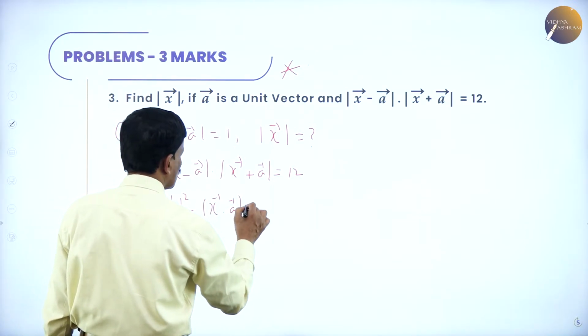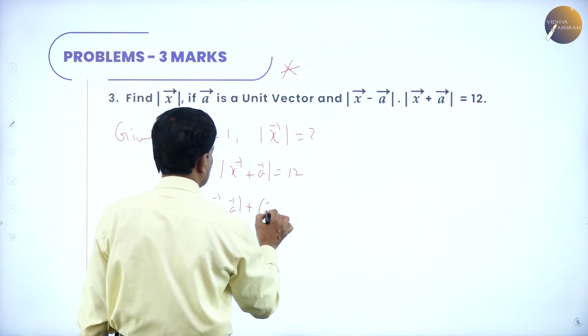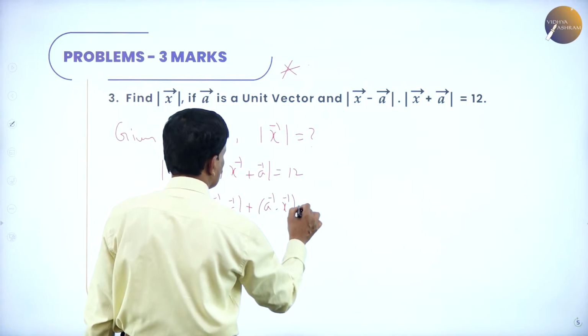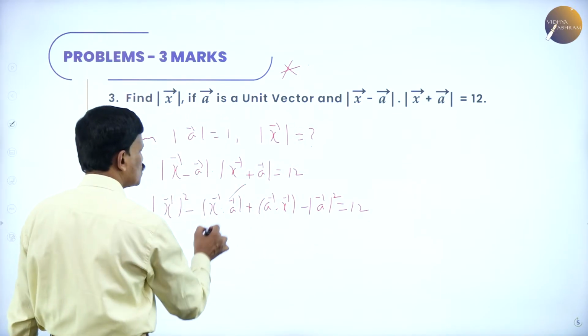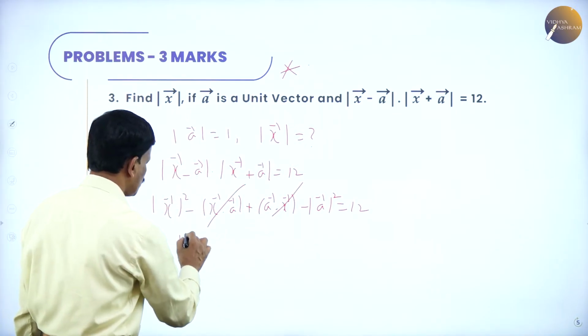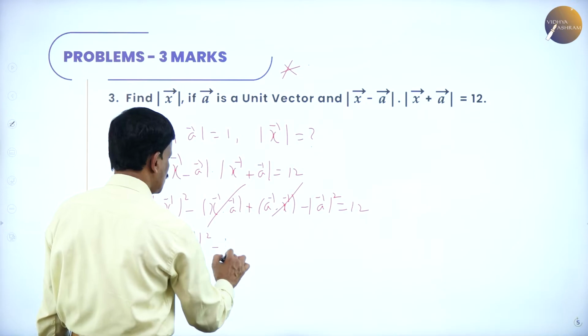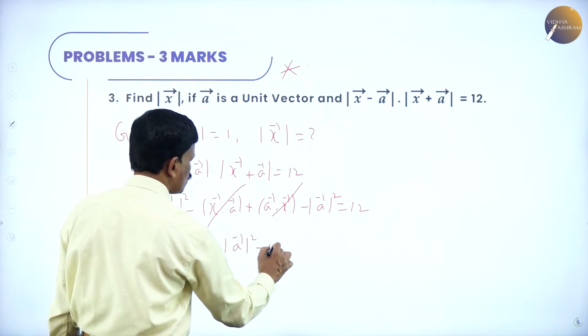If we simplify with the same procedure, this is length of x whole square minus x dot a plus a dot x minus length of a whole square is equal to 12. Since these two get cancelled, this can be written as length of x square minus length of vector a whole square is equal to 12.